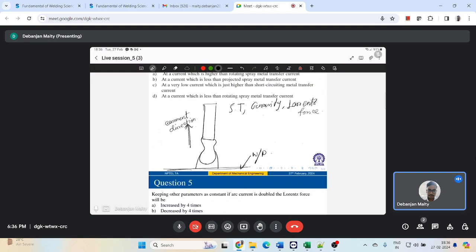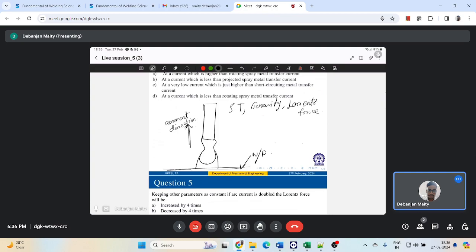Now, the electromagnetic force, which I was indicating as the Lorentz force, is set up due to interaction of the electric current with its own magnetic field.